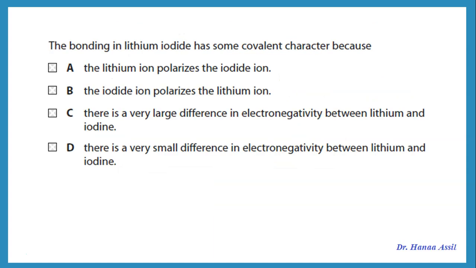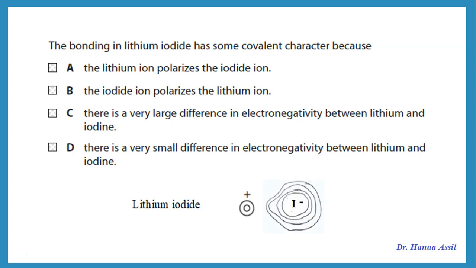The bonding in lithium iodide has some covalent character. Remember we said if I'm drawing the electron density map for lithium iodide, lithium is small, iodide is a big anion. So actually the electron cloud around the iodide is slightly distorted towards the cation. Why? Out of these choices, because the lithium ion polarizes the iodide ion.